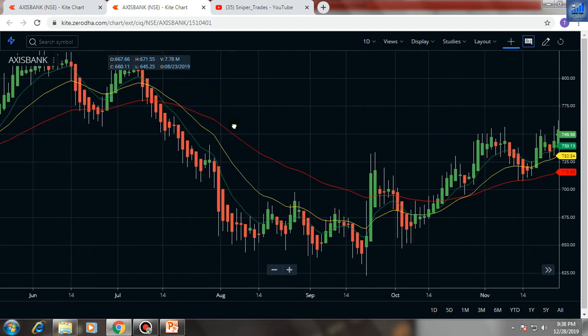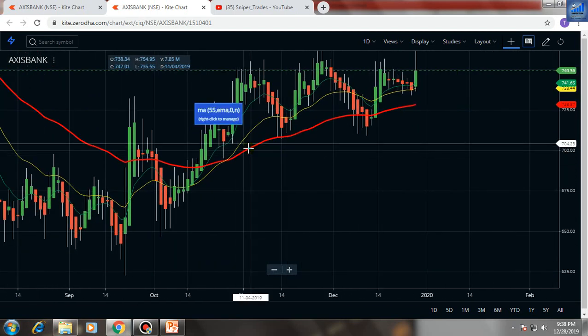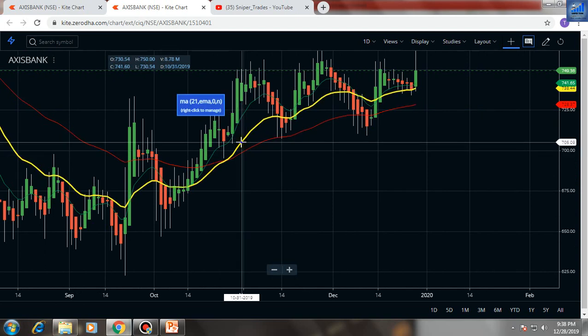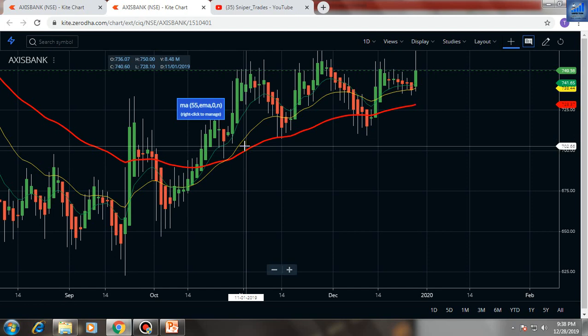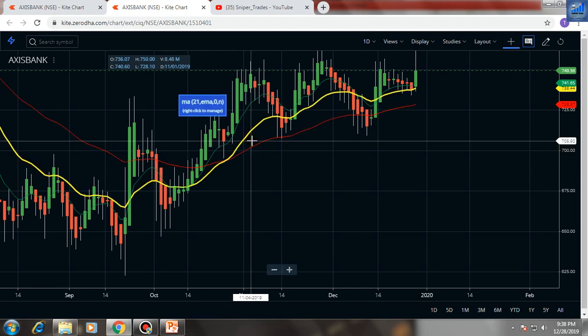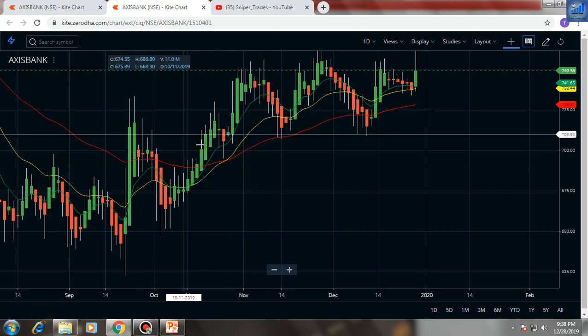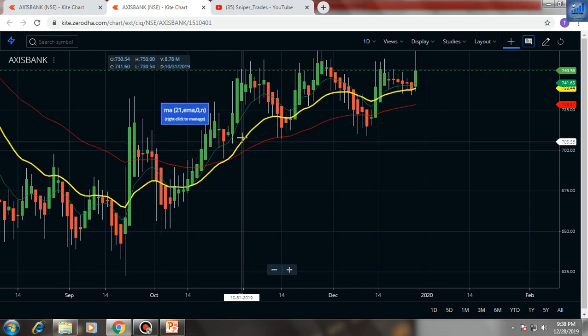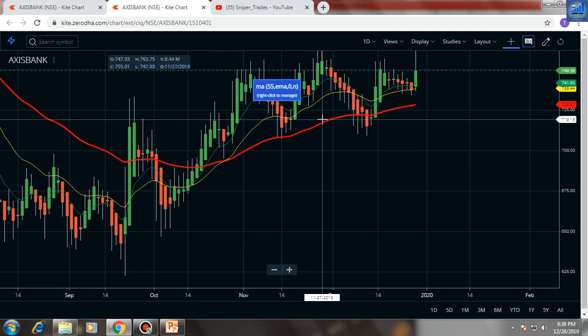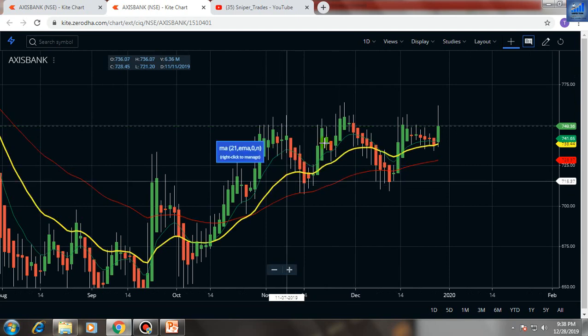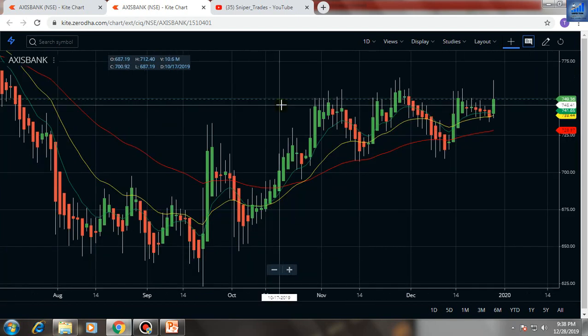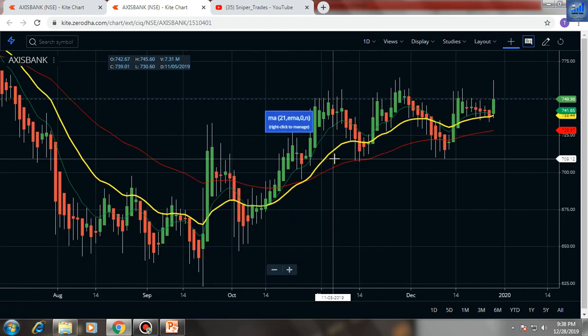And here similarly, if this yellow line is crossing above the red line, it means recently the demand for Axis Bank shares has increased significantly compared to earlier times, which means that Axis Bank shares are now moving in a bullish direction. So we can take long positions here in Axis Bank shares because it is moving in a bullish direction.